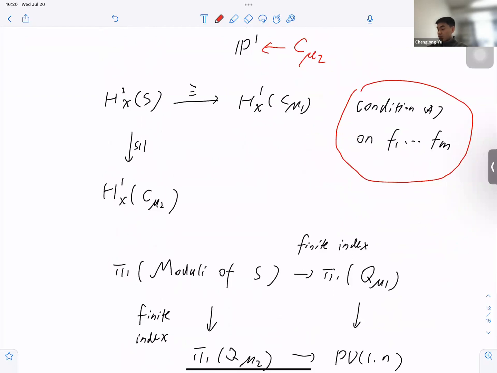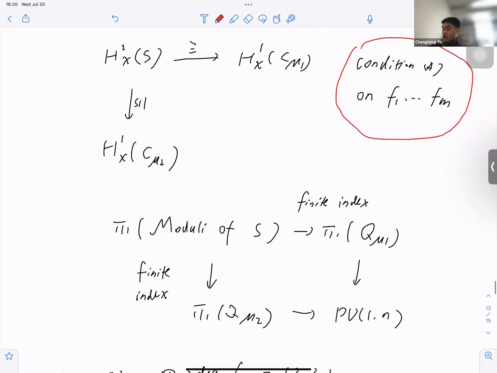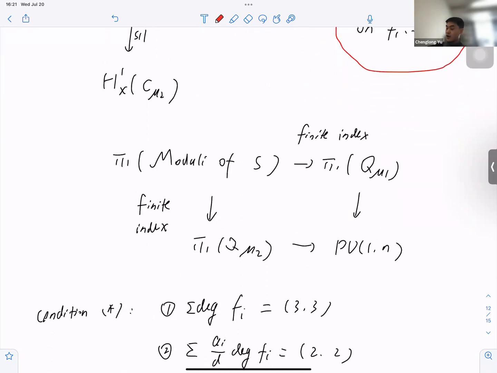And if this kind of numerical condition is satisfied, then the monodromy representations of mu1 and mu2 will have a finite index subgroup coming from the monodromy representation from the moduli of S. So we find some common finite index subgroups inside these monodromy representations. So that's why we can relate these two. So these images are comparable.